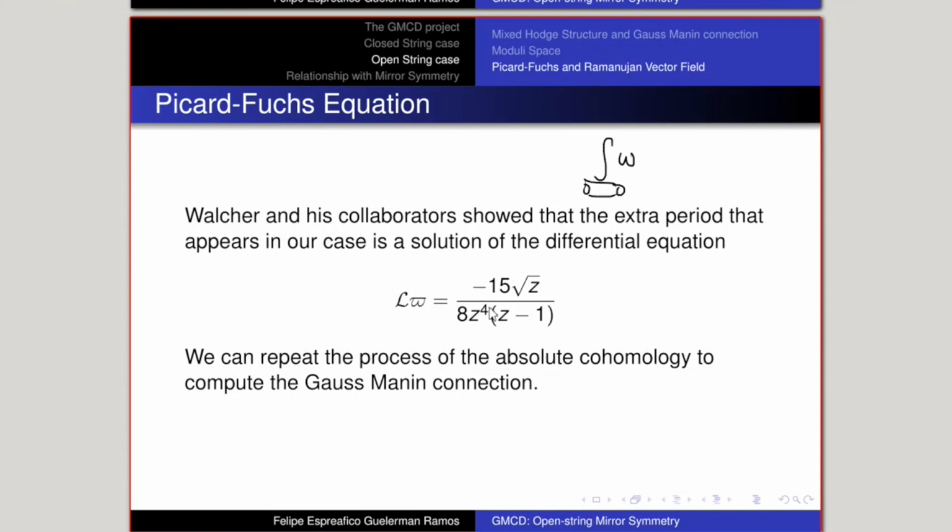So instead of considering the operator equals to 0, we will consider the operator equals to this expression, and then the solution is this extra period. So in the end, this coefficient will be the coefficient associated to this alpha 0.